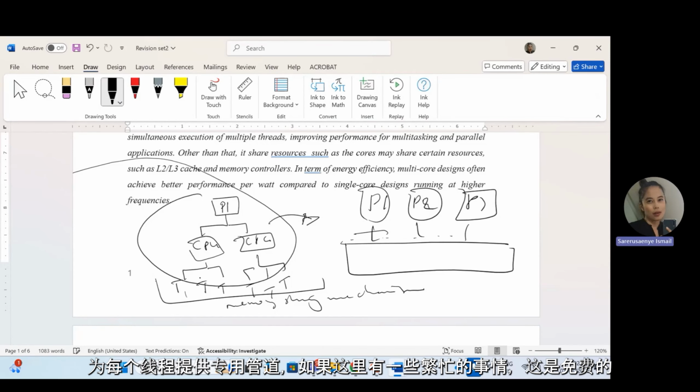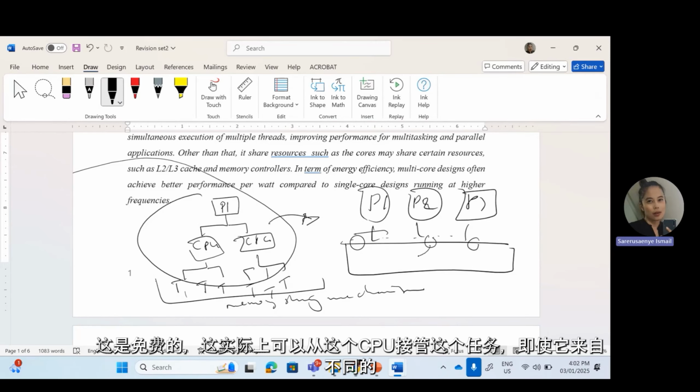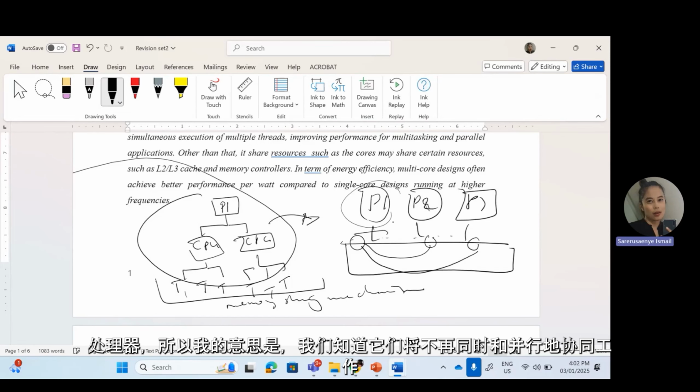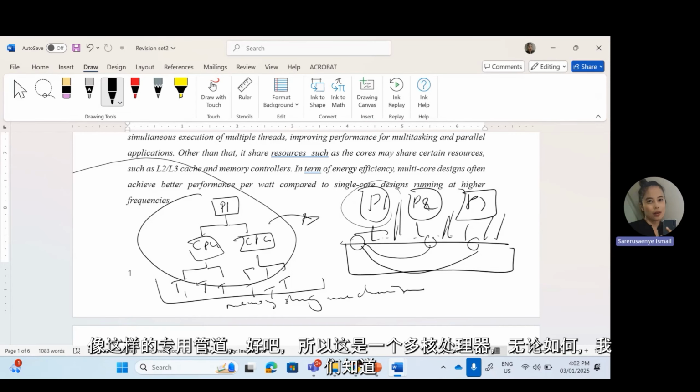There is no more dedicated pipeline for each thread. If let's say there's something busy in here, and this is free, this is free, this can actually take over this task from this CPU, even if it comes from a different processor. So we understand they work together, simultaneous and parallel, with no more dedicated pipeline like this. So this is a multi-core processor.